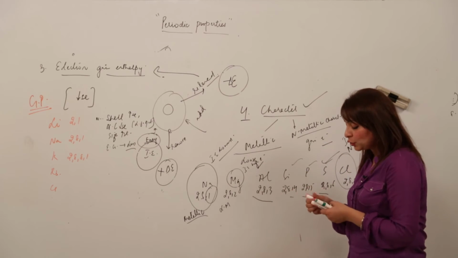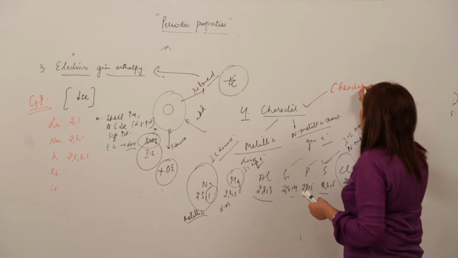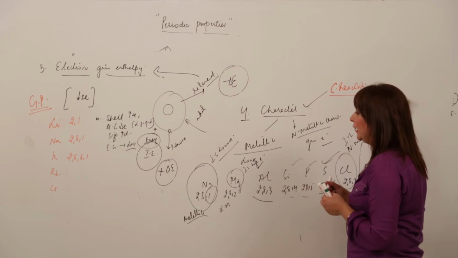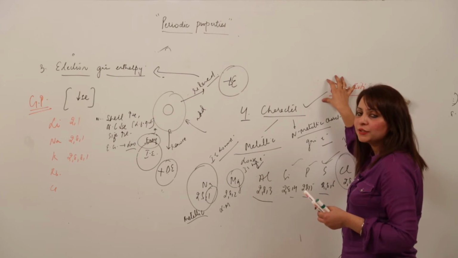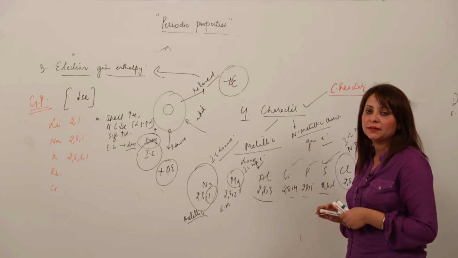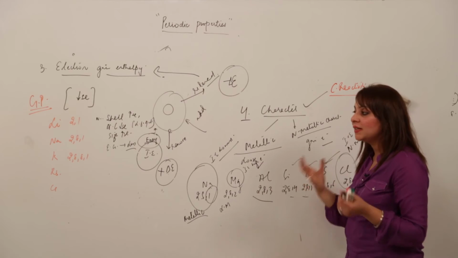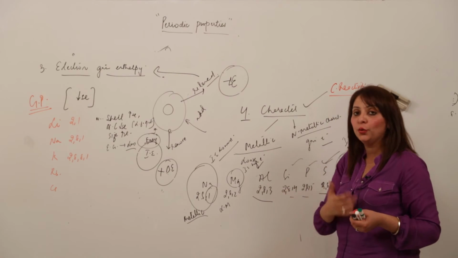Similarly, when we talk about chemical reactivity, it is the same property by which you can easily correlate. The factor responsible for this reactivity is the same as we saw with the metallic and non-metallic character. The element which has a bigger size, meaning less ionization energy, can easily lose an electron, so it is more reactive.